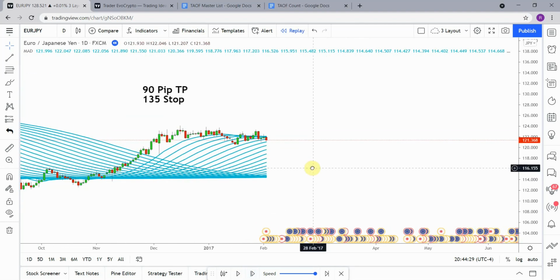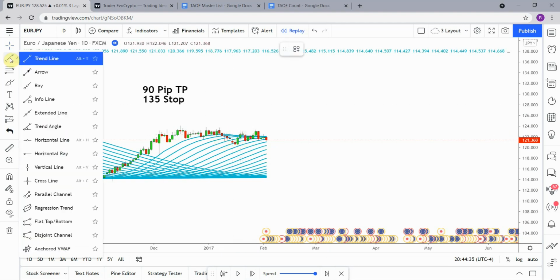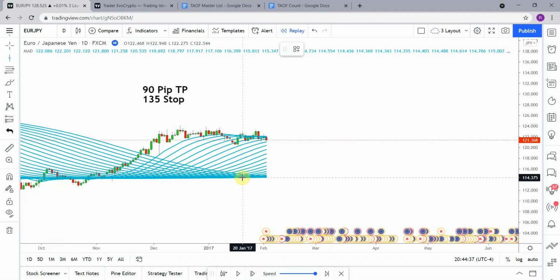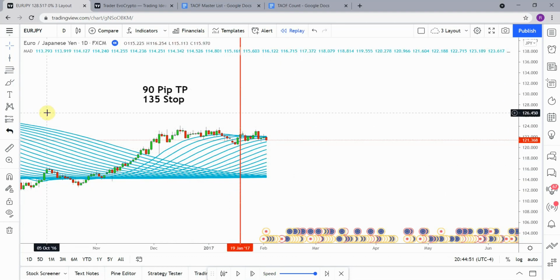So as we watch it here, this is a valid breakout to the upside right there. And like I said, we're looking for price action to come down into the moving average ribbon and then break out to the upside or to the downside.